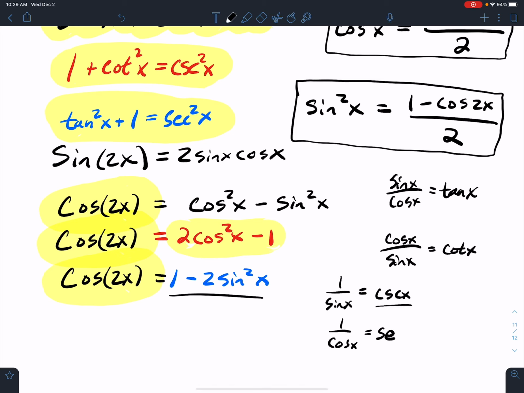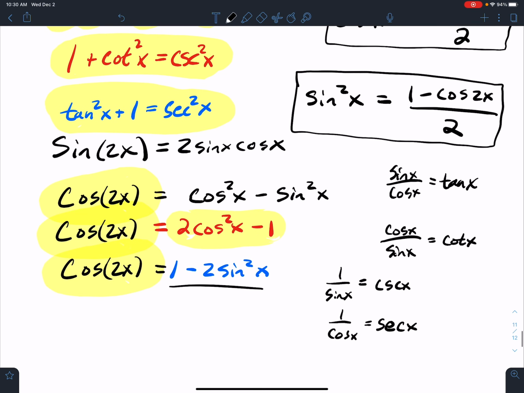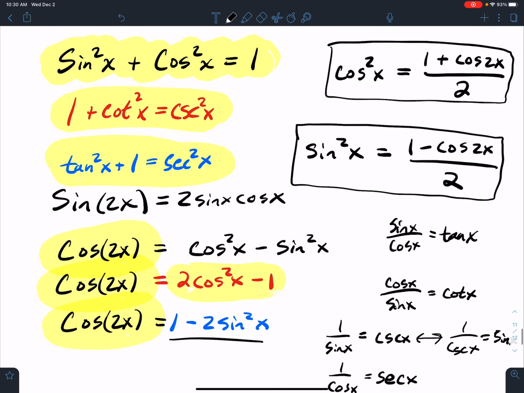Okay, this one's cosecant, this one's secant. Sorry if I said that wrong. So make sure you know your reciprocal identities. And look, this works both ways. The reciprocal of cosecant x is sine x. So all is good in the world. You do the reciprocals, you get back to where you're supposed to get back to. Okay? All right.